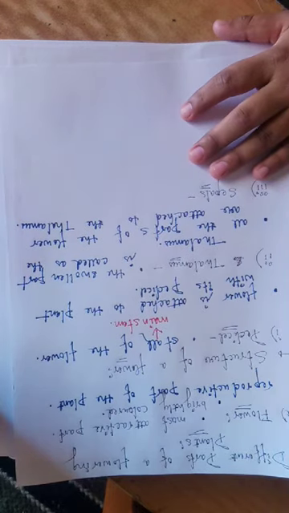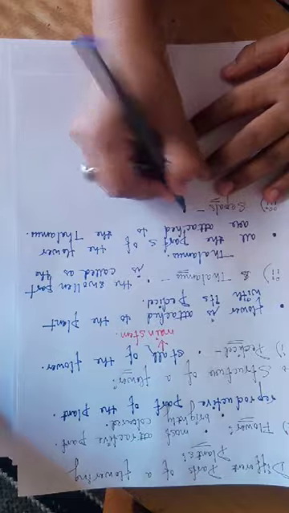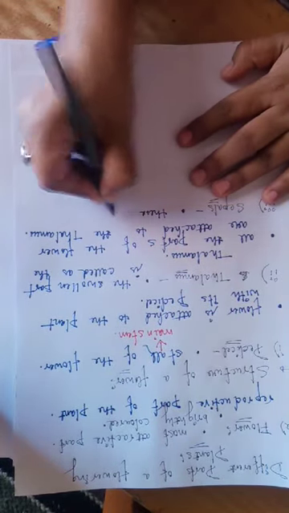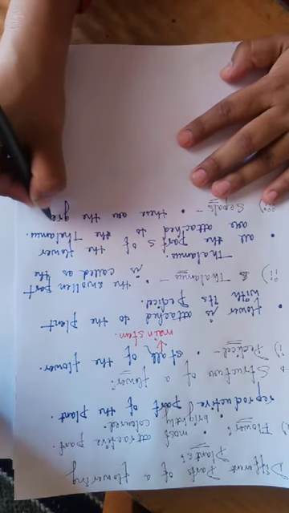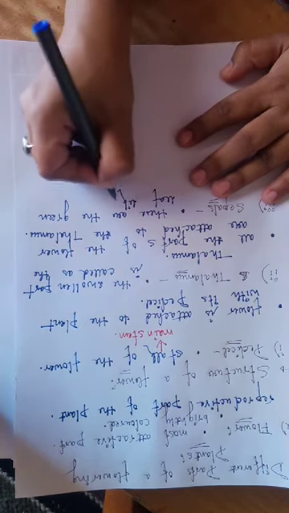Where is the pen? Okay. I must write also, these are the green leaf-like structures.